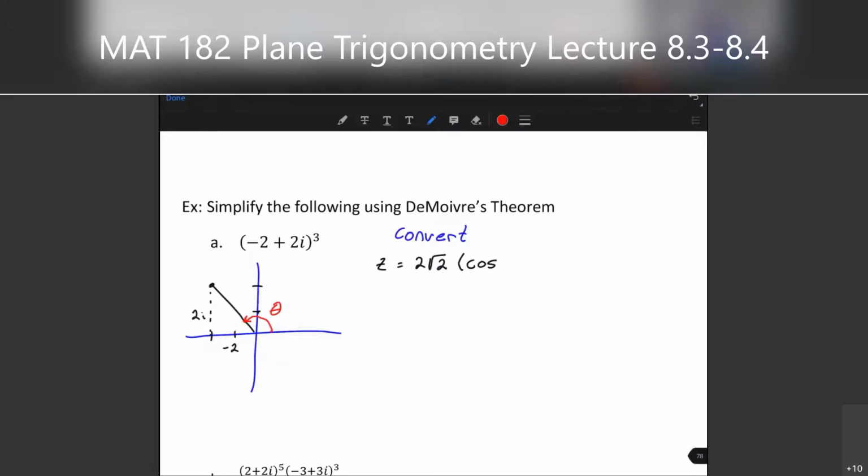So 3 pi over 4, or we do want to keep this in terms of degrees, so we'll just end up with 135. So this is 135 working in that second quadrant. So we have cosine of 135 degrees plus i sine of, again, 135 degrees.